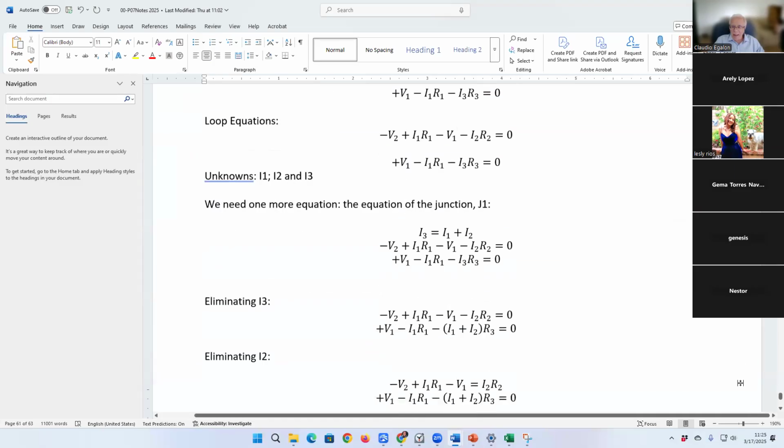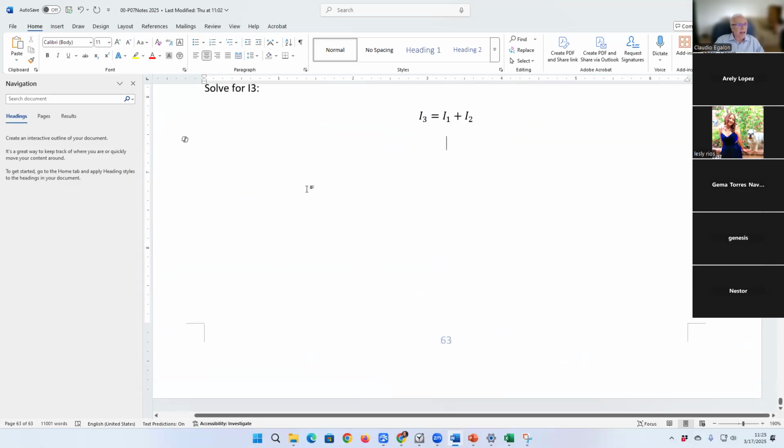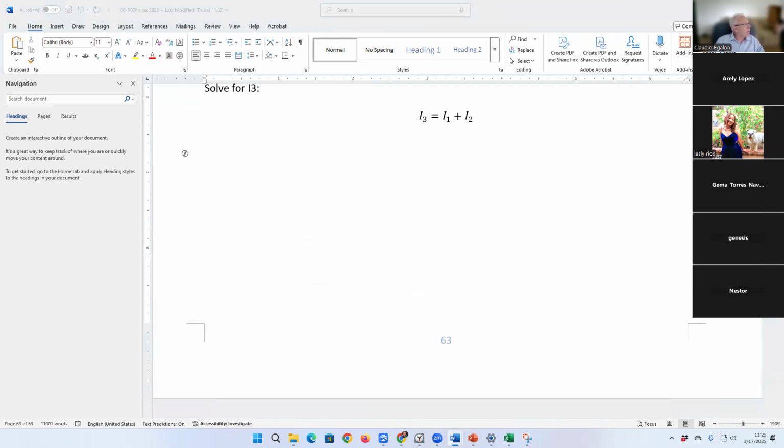So that's the type of problem that this technique solves. One of the types of problem that this technique solves. Example, go.